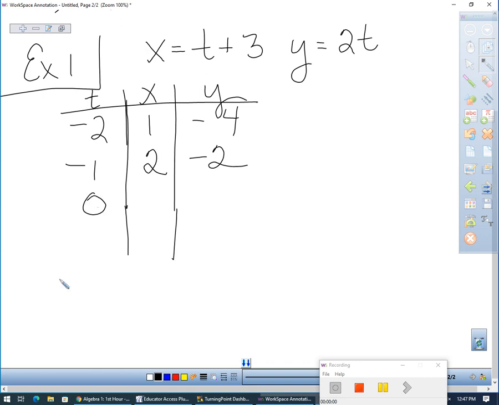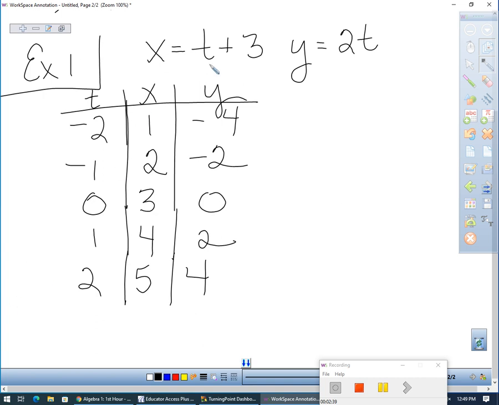Let's do 0. What is our x coordinate at 0? Good. And our y coordinate at 0? Awesome. Yeah, we're just going to do 2 more. All right, if I plug 1 in here, our x value is 4. And our y value is 2, right? If you put 2 in here, we get 5 and 4.